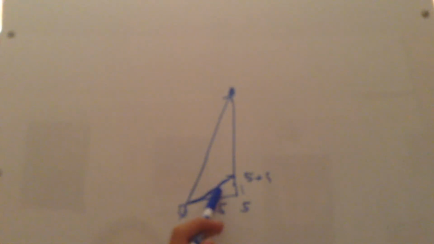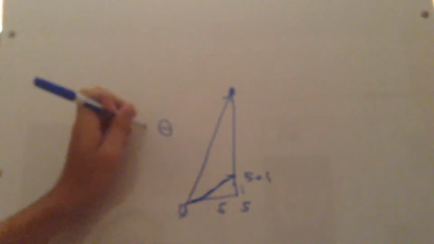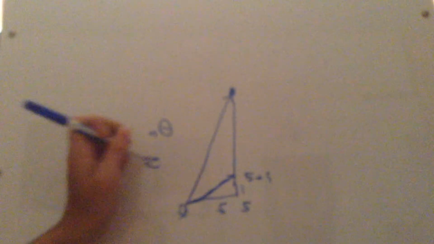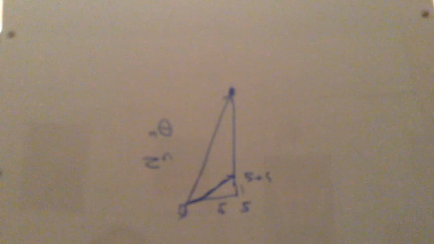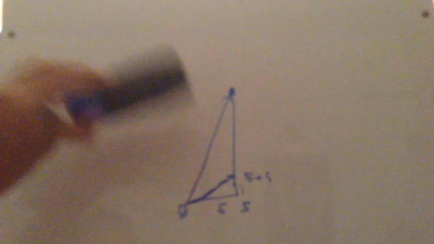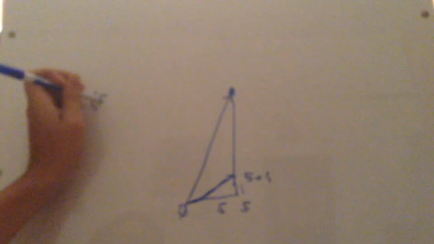And we know from de Moivre's theorem that if we want to multiply the angle by n, we just have to take our complex number and put it to the power of n, and that's going to have n times the angle. So we want triple angle because 1 plus 2 is 3, obviously. So we're going to cube 5 plus i.